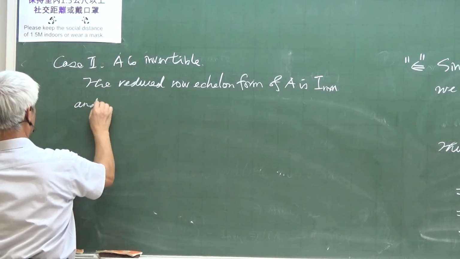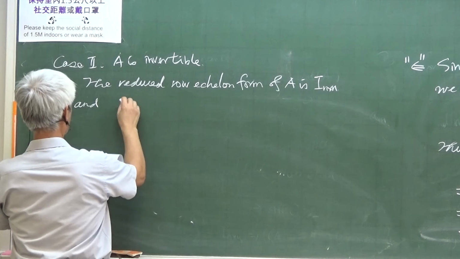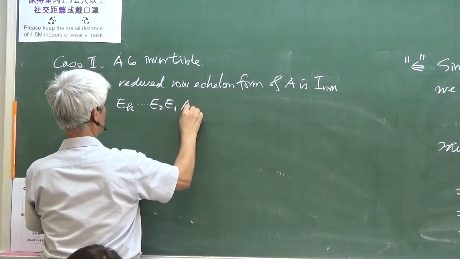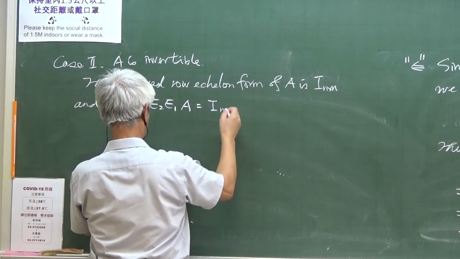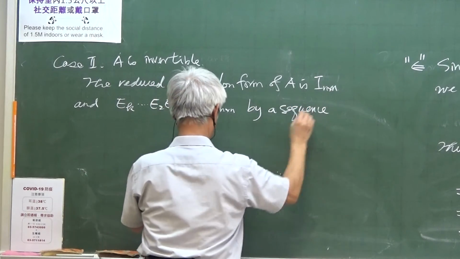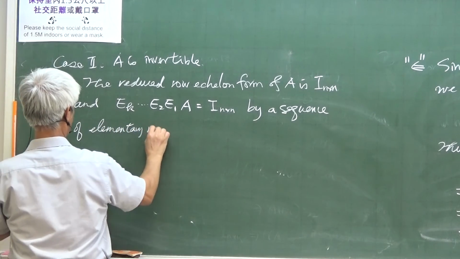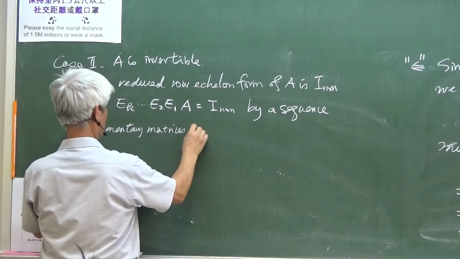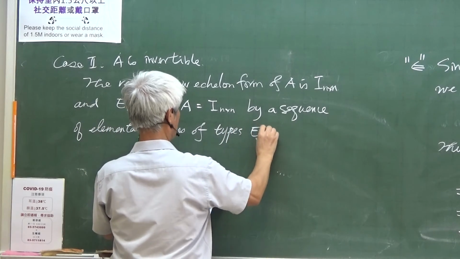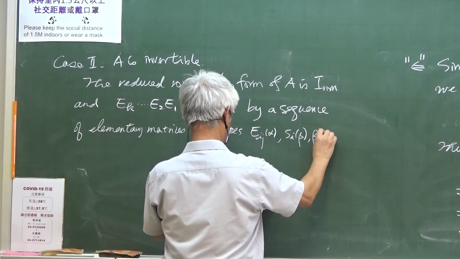And we can obtain the reduced echelon form by applying elementary operations, so Eij with alpha, Si with beta, and Eij.